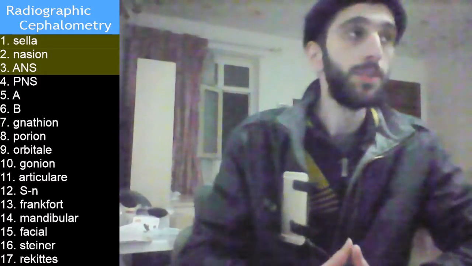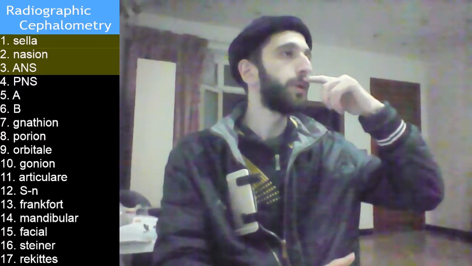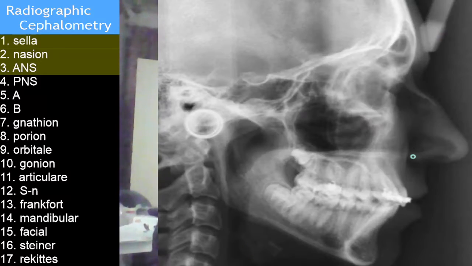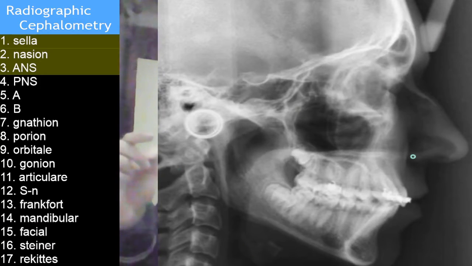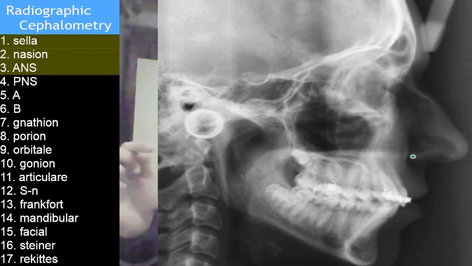This is according to a 1971 definition. The most anterior point of the nasal floor, the tip of the premaxilla on the mid-sagittal plane. This is the anterior nasal spine.